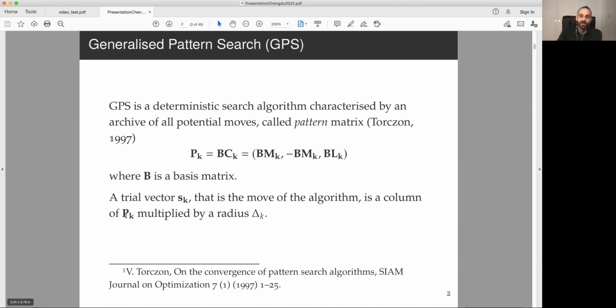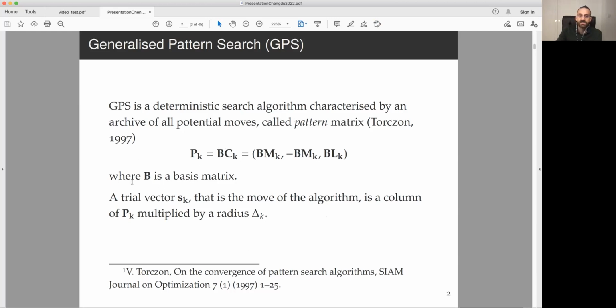Then we have this trial vector sk, which is the move of the algorithm, and is a column of Pk multiplied by delta k. So this sk is a column of this matrix Pk scaled by a certain radius.